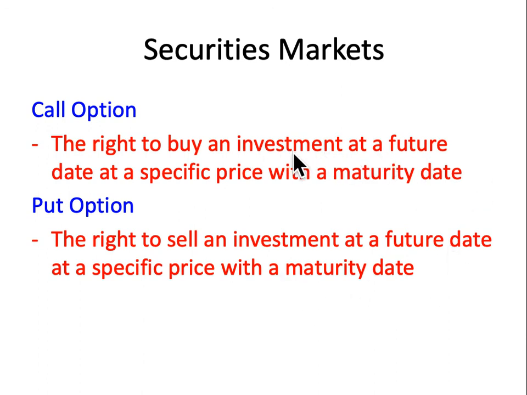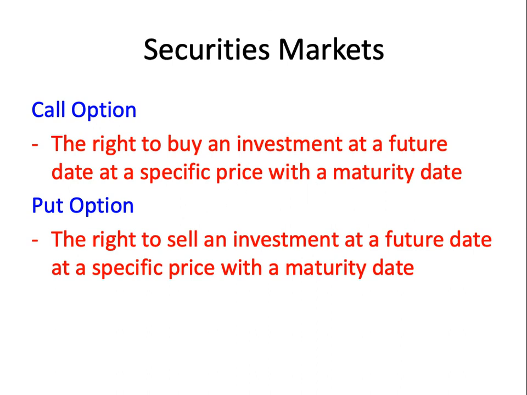Okay? And this right to buy this investment is at a specific price. Could be $10, could be $100, could be $1,000. Okay? So I have the right to buy a stock before a future date at a specific price.